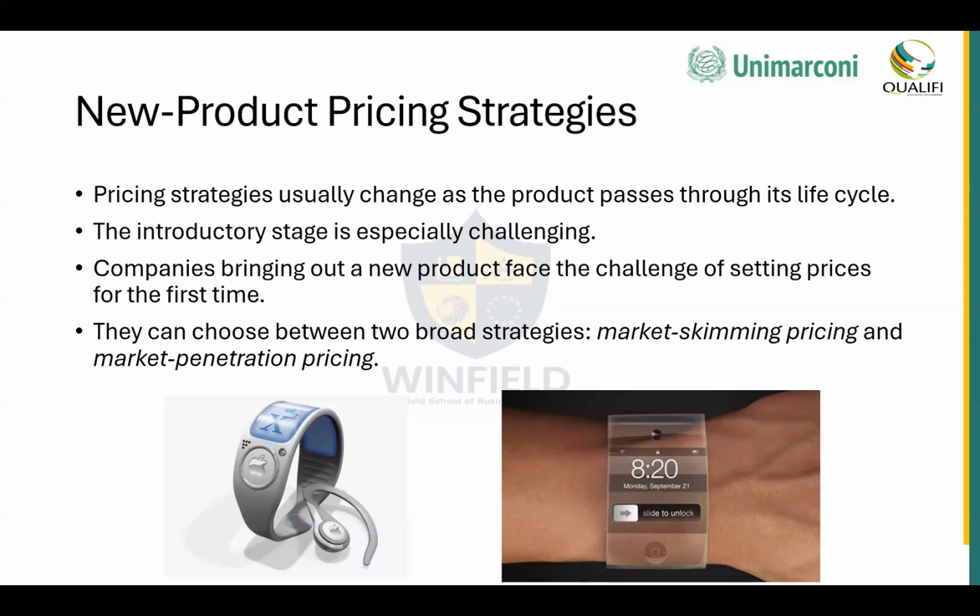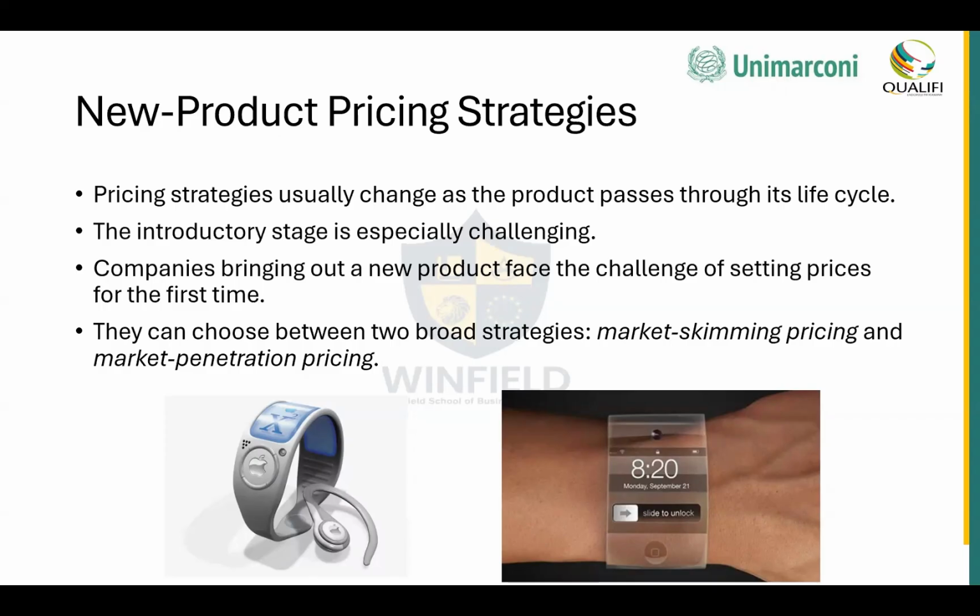Then the second thing is you have to think about what segment of innovators and early adopters you have in your customer base, right?